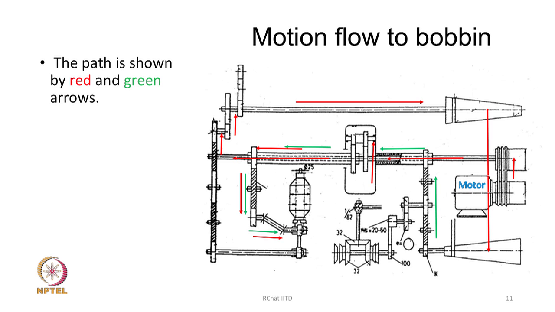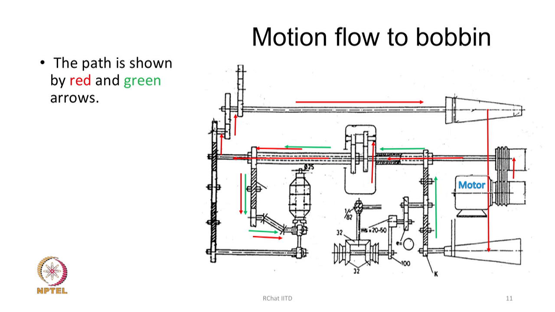You see here that there is a top cone drum, and we have given the motion here. From the top cone drum, the motion goes to the bottom cone drum, and from the bottom cone drum it goes to this particular gear.